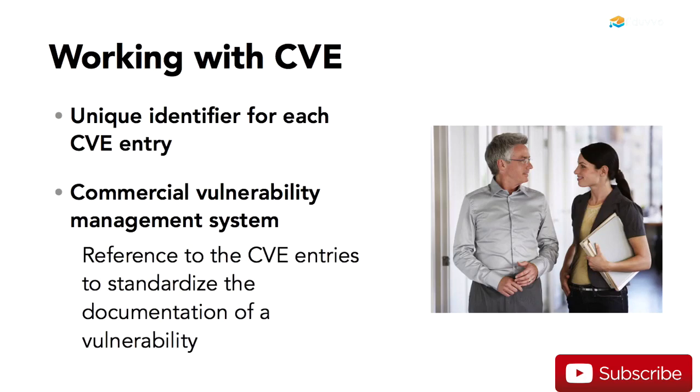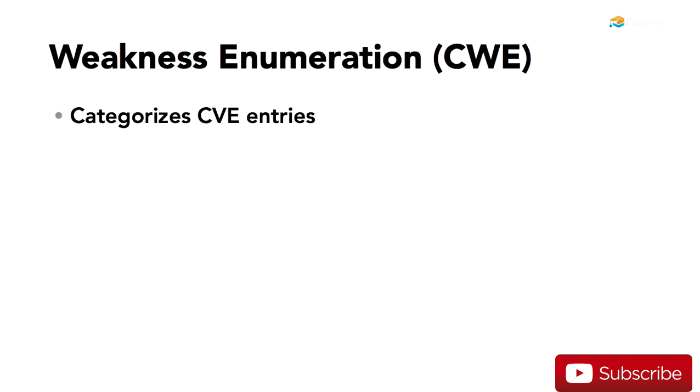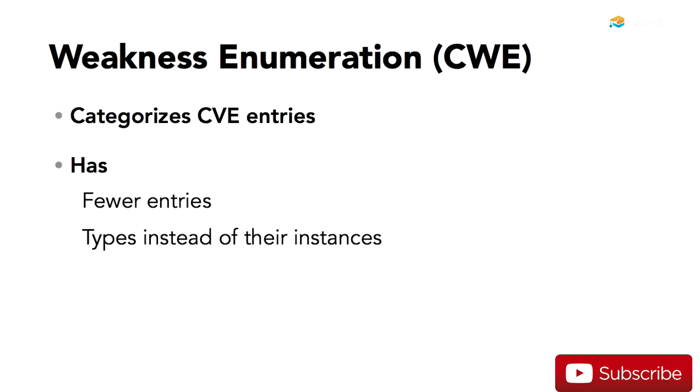a specific software vulnerability. On the other hand, Common Weakness Enumeration, or CWE, categorizes the vulnerabilities identified in CVE. Therefore, CWE has much fewer entries in its database and offers a list of all the different types of vulnerabilities instead of their instances.